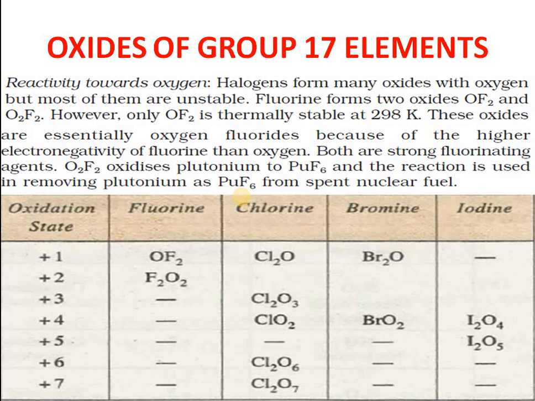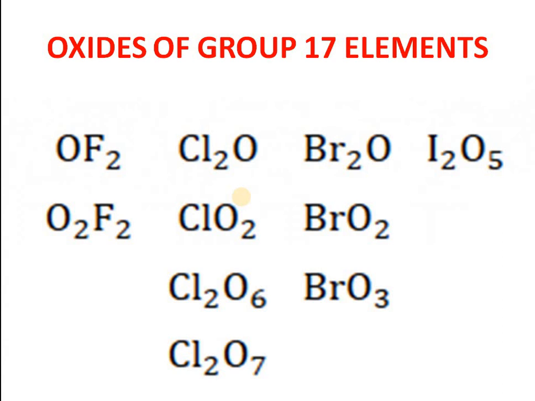Basically 3 parameters are deciding: electron affinity, bond dissociation energy and hydration. So these 3 factors collectively decide the electrode reduction potential value. The greater the reduction potential value, the better the oxidizing agent. So this concept is also very important.